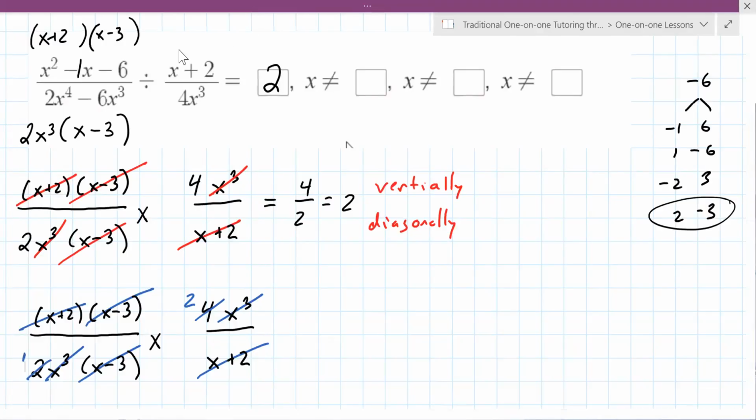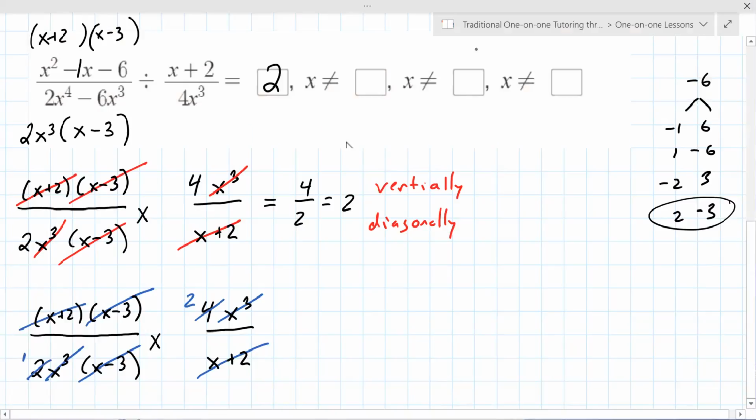Yeah, so now to figure out what goes in each of these 3 boxes, whenever you cancel something in the top and the bottom, you're going to fill something in here. Here's what we canceled in the top and bottom: this x minus 3, x plus 2, and then the x cubed. So set each of these not equal to 0.